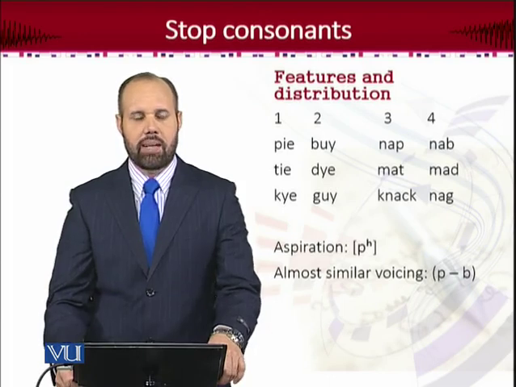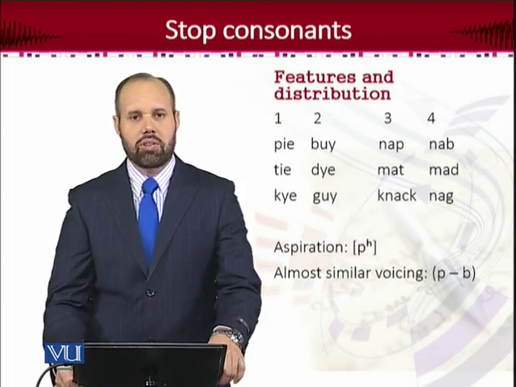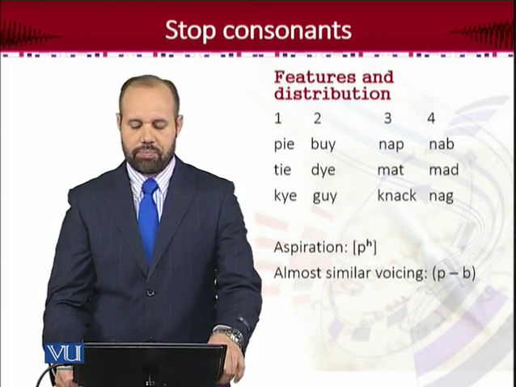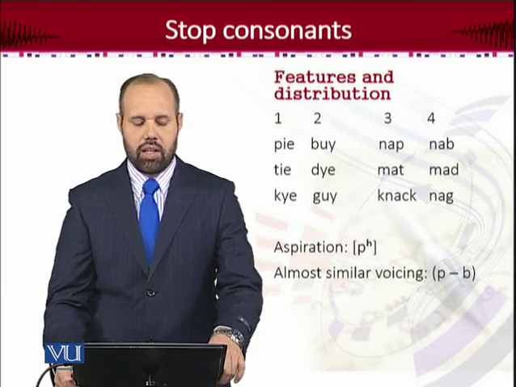If you analyze them phonetically, you would come to know that these voiced stops are very slightly voiced. You can see this p-b difference by taking them on a spectrograph. But for the time being, just keep in mind that these voiced stops, b, d, g, are slightly voiced.